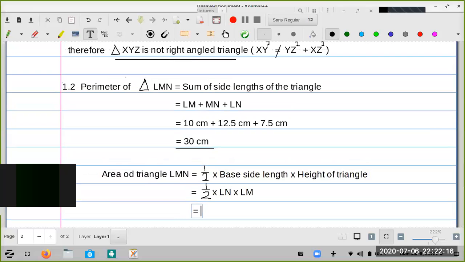Which means it's going to be, I'll put a half later, times LN, which is 10, LM is 7.5, multiplied by 10, which is LM. Then we just simplify that.